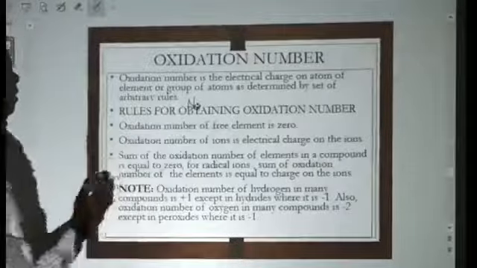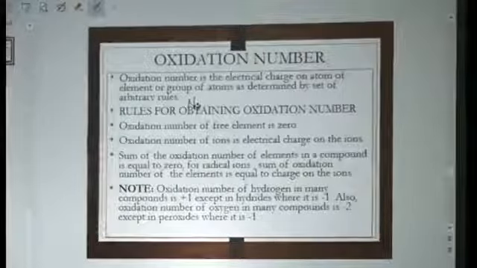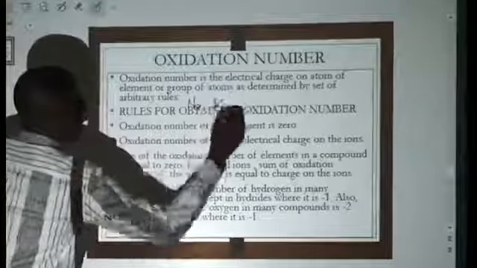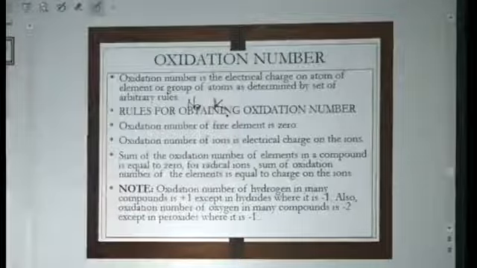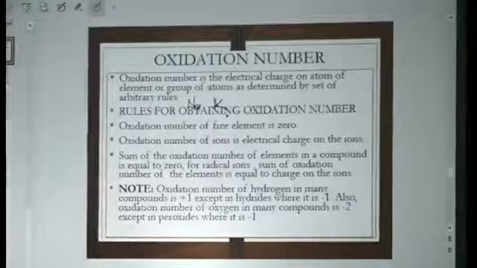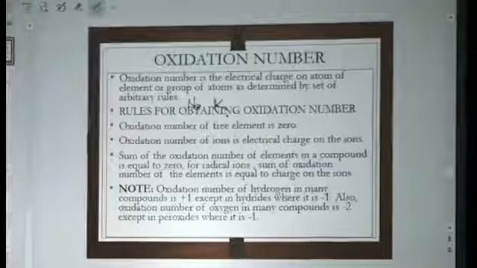For example, if I write Na, this is a free element. Its oxidation number is 0. Or I write K, which is also a free element. Its oxidation number is equal to 0. 2. The oxidation number of an ion is the electrical charge we have on the ion.